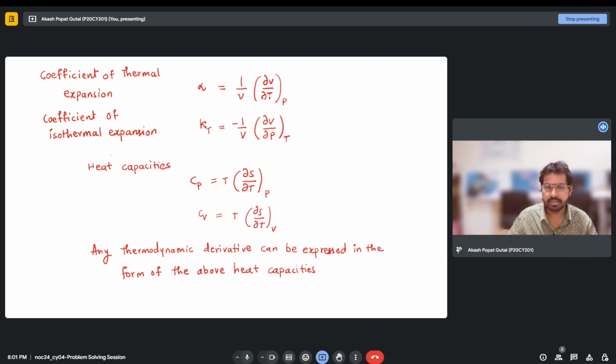And we have seen this in our last lecture also, how we can express these thermodynamic derivatives in terms of Cp, Cv, alpha and kappa T. This gives us a very good tool to actually determine the values of these thermodynamic derivatives.